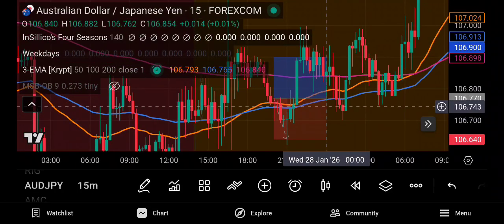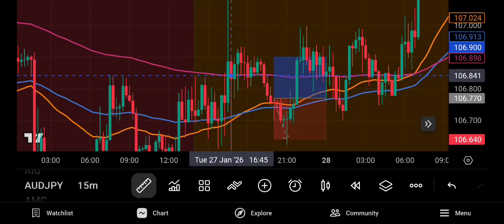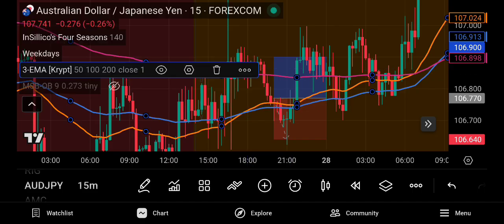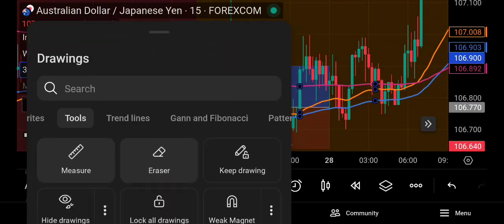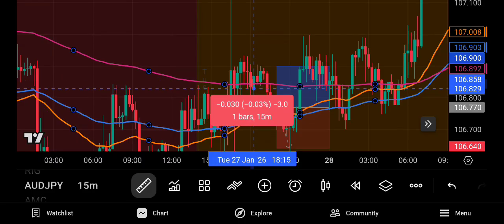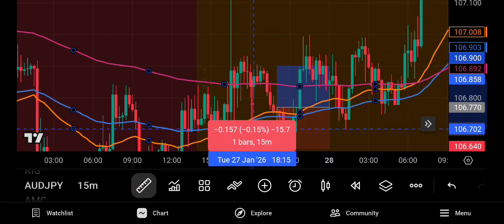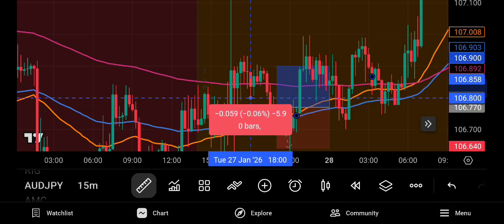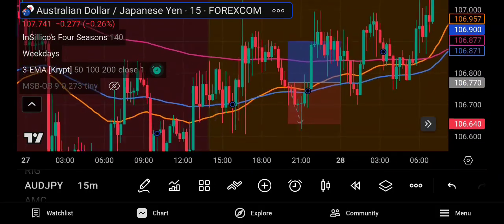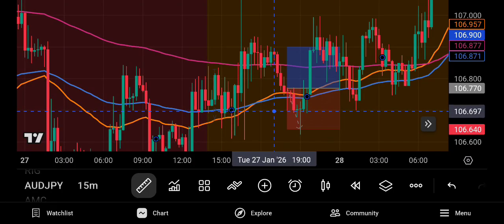So I took it around here. Had I put a limit order minus 5 pips from where I took it, if we look here, and I did use a 15 pip stop loss on this trade.